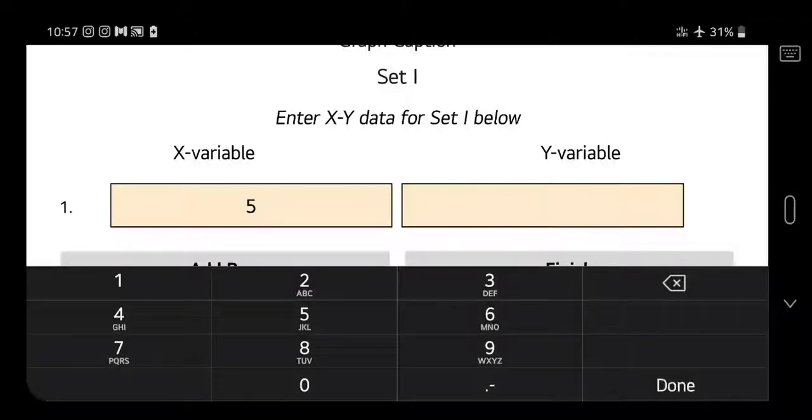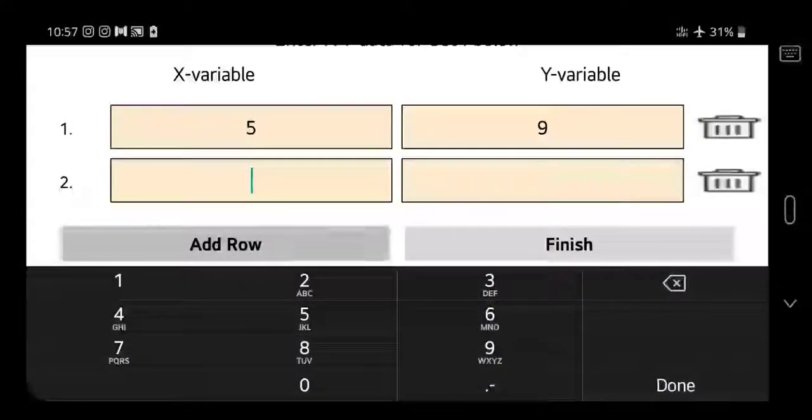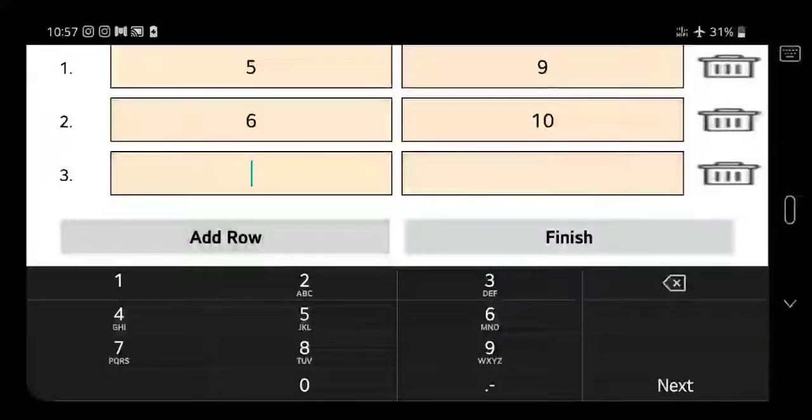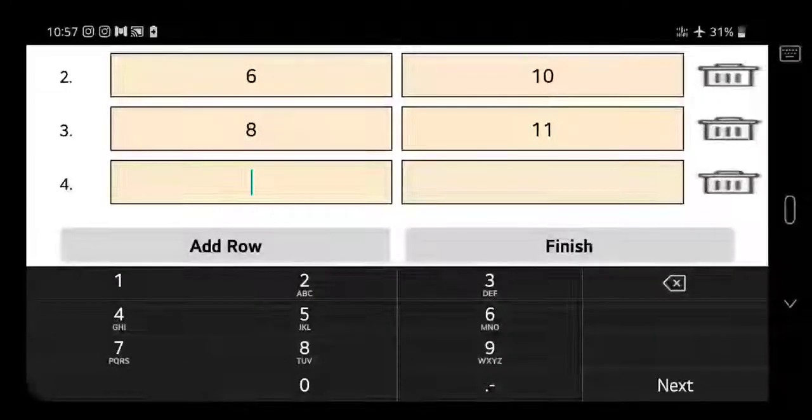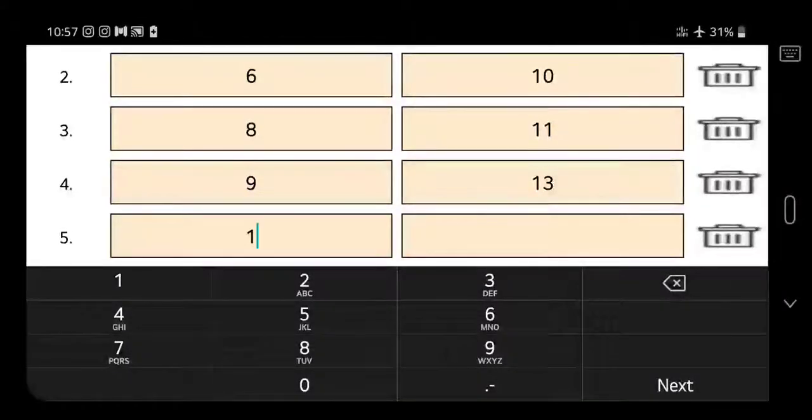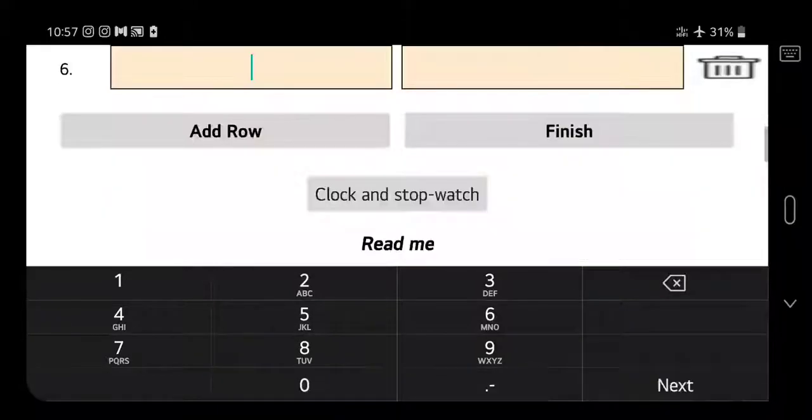Let's say I am giving arbitrary values: 5, 6, then 10, then 8, then 11, 5, then 9, then 13, and at last 15, and let's say 20.